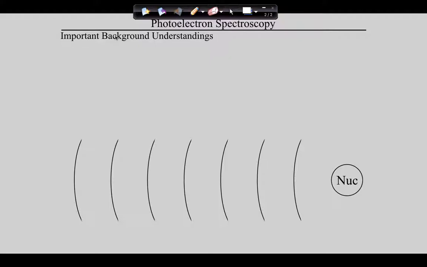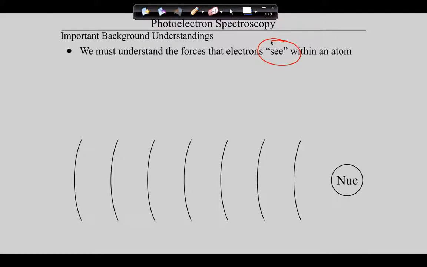As we go through this, we are going to have a conversation about the forces that these electrons see. Please feel free to use this terminology when you're writing on the test, although you won't be writing this on the test because it'll only be multiple choice. But when you see free response questions about this, feel free to use that terminology.